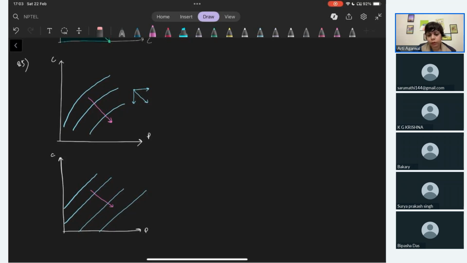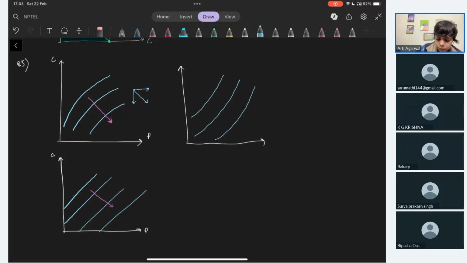Yeah, we are not told. So that means, again, it can be some other type of shape also. Let's say it's like this, but it's bending the other way. Utility is still increasing in this direction. All of these would be valid. That's why I asked you to draw it, because only when you draw it, you know that it's not really about upward sloping and downward sloping.